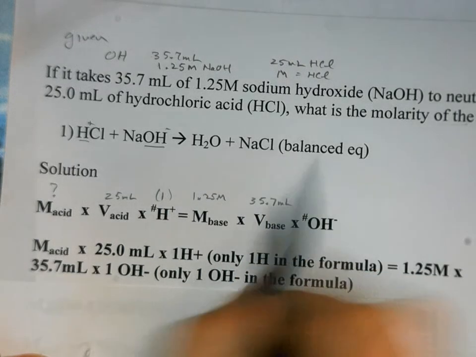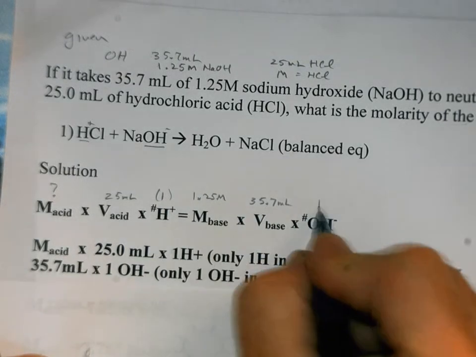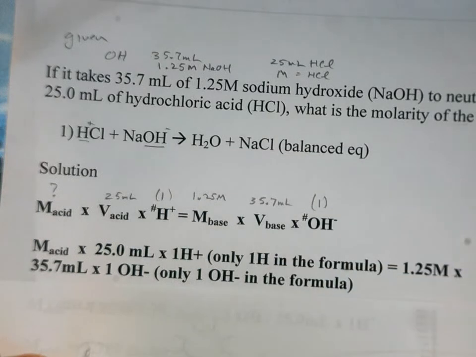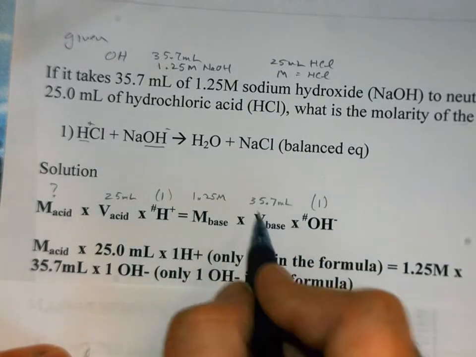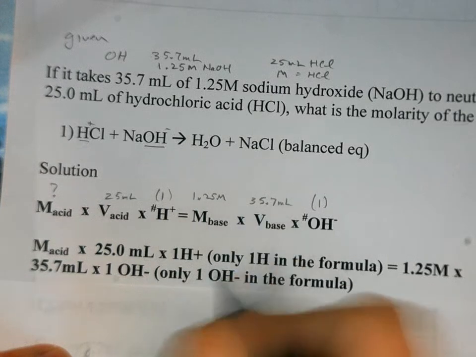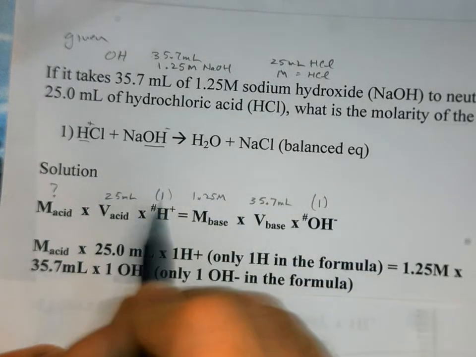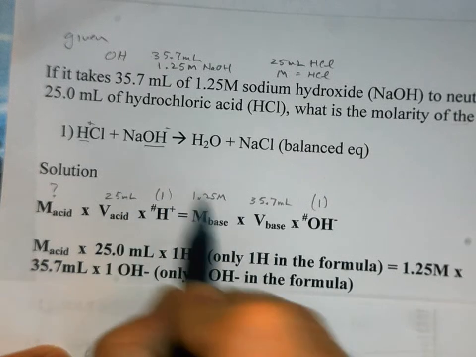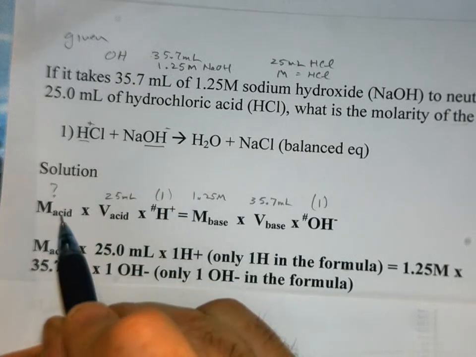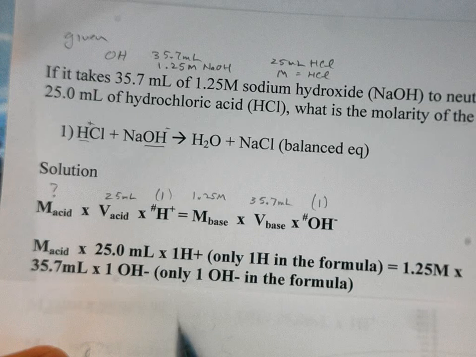And we know from the equation here that we've got 1 hydroxide ion. So this really becomes 1.25 times 35.7 times 1. And then we've got to divide that answer by 25. And that's going to tell us the molarity of the acid. And from that we can calculate.